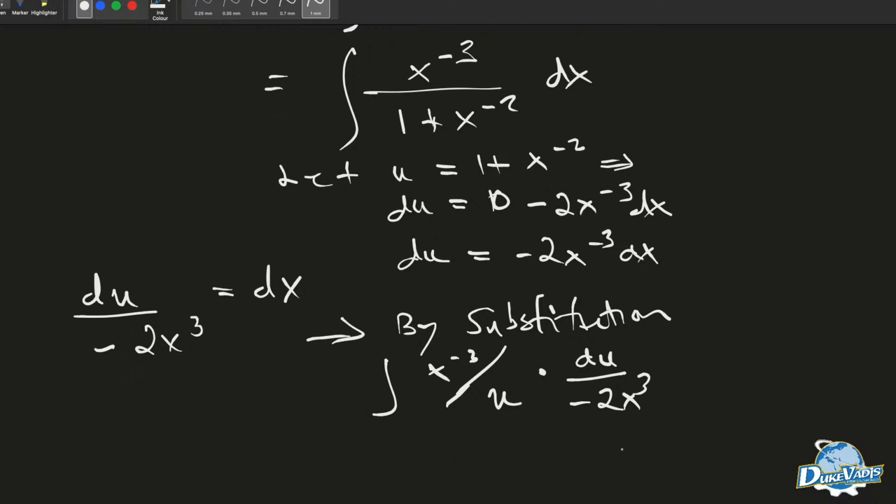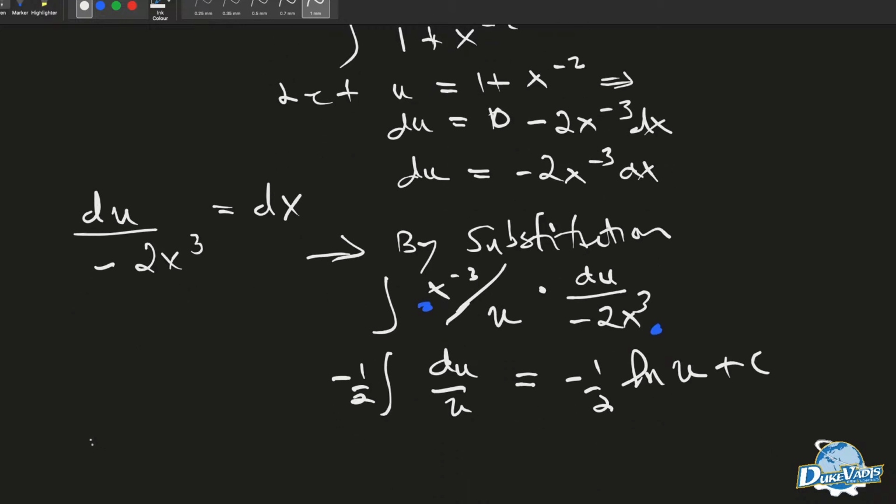By cancelling, if we cancel this and that, then we can write our equation as the integral of du over u times minus half. So we integrate this, we are going to get minus half the natural log of u plus c.